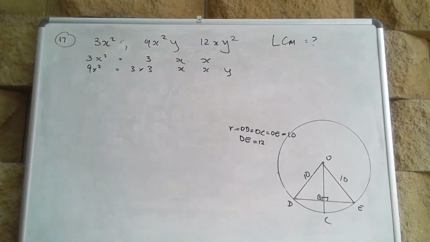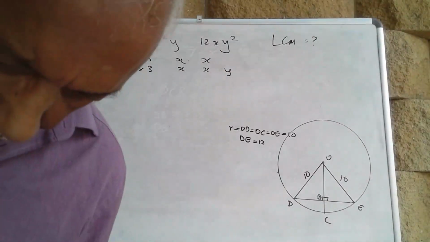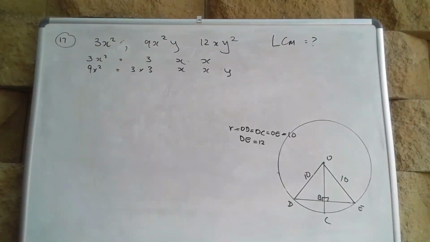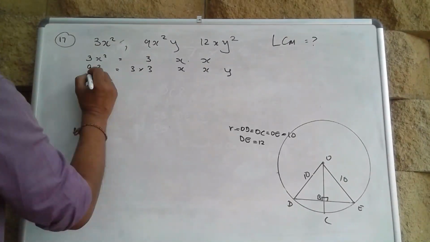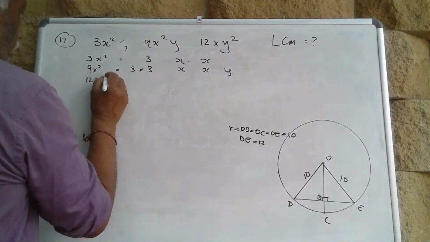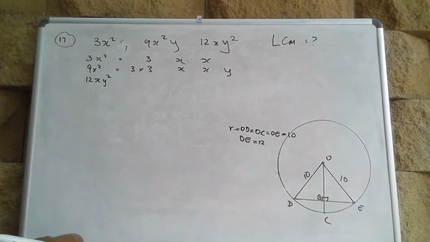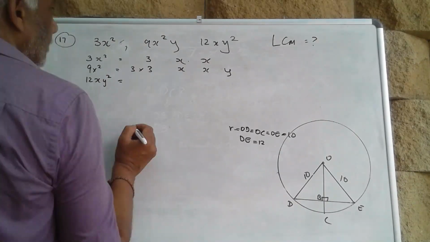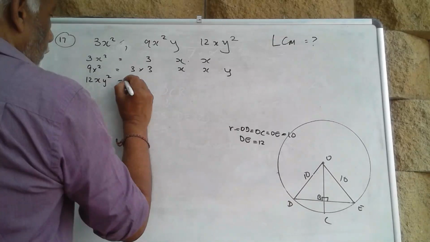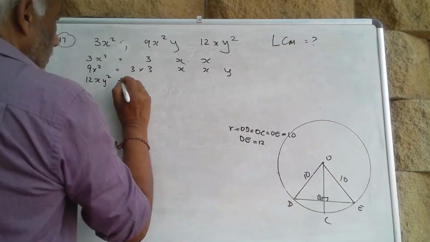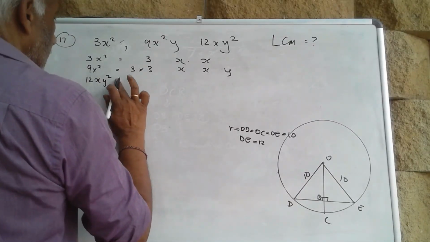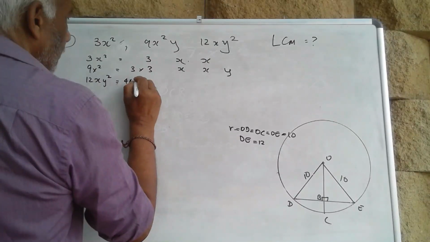And the other one, 12xy squared, I can write as 4 times 3, then x, then y and y.